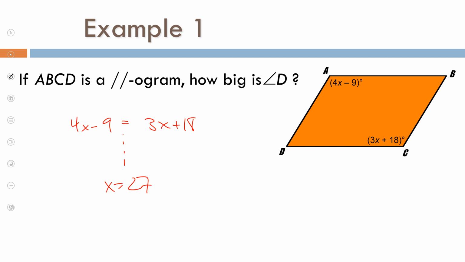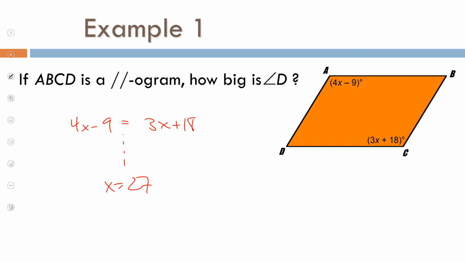Is that the answer to the problem? Yes. Okay, now, here's where things get a little bit nitpicky. What are the units on that answer, Michael? No units. Just the value of X.